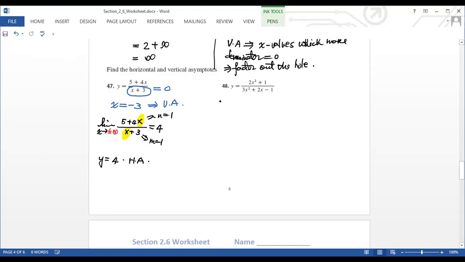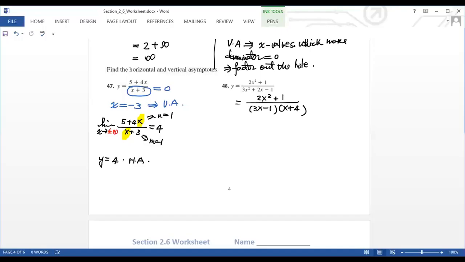For this one, typically I would like to do a little factoring first to see if I'm able to factor anything out. So this is 3x minus 1, and this is x plus 4, right?